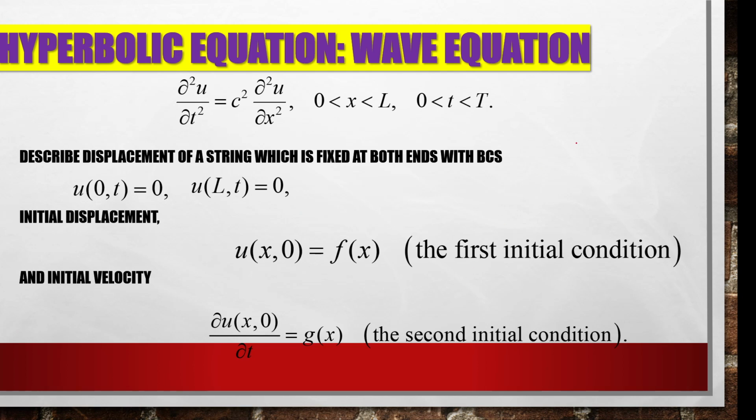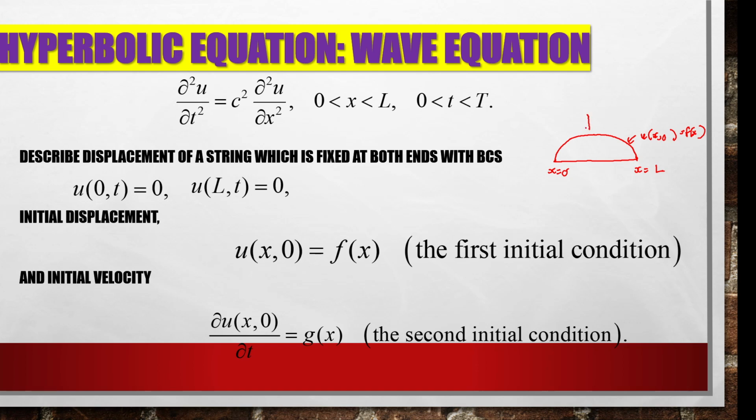Let's say you have the initial shape, with x equal to 0 until x equal to L, and then the initial shape of the string is here. Initial means when t is 0, so u(x,0) equals f(x).